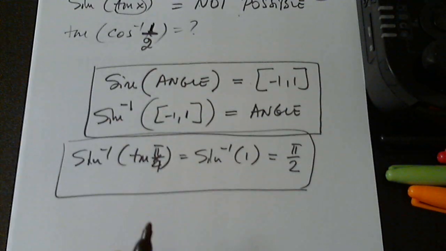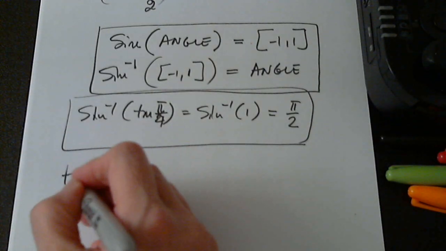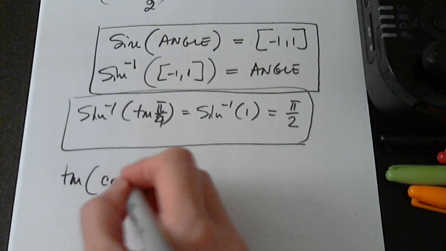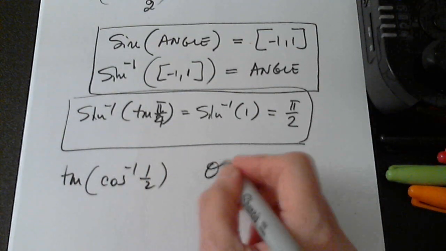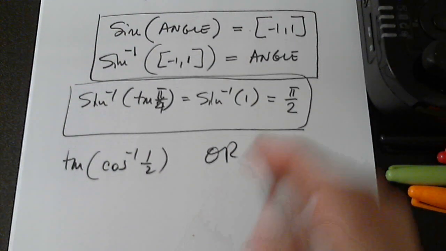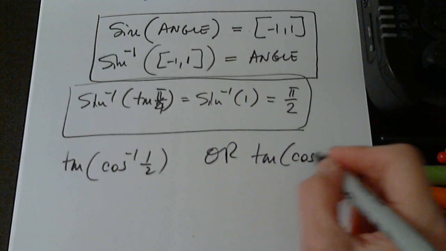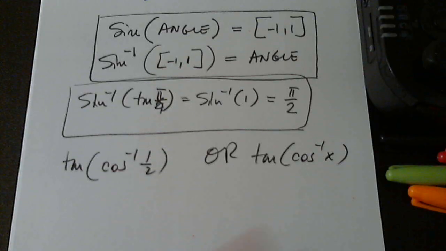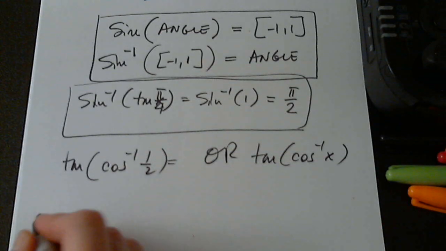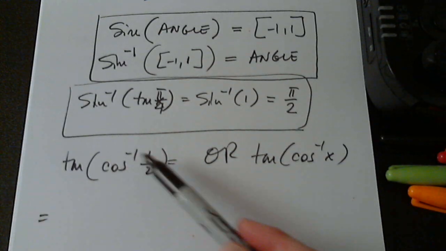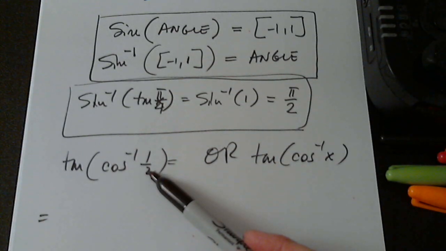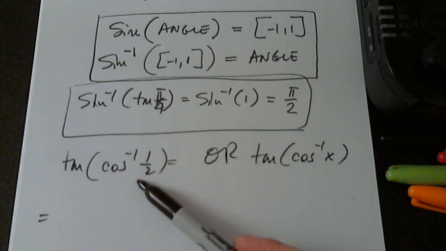Now, the other one is a different situation. We can use the example that I made up, or, and we should work on both, we can use the other example with a cosine inverse x. So this is the general situation, and this is just a particular example. I know that cosine inverse of 1/2 is pi over 3.